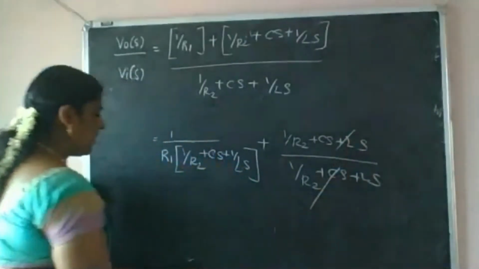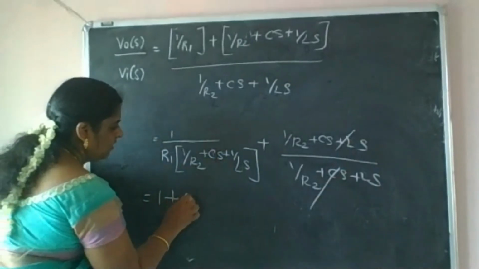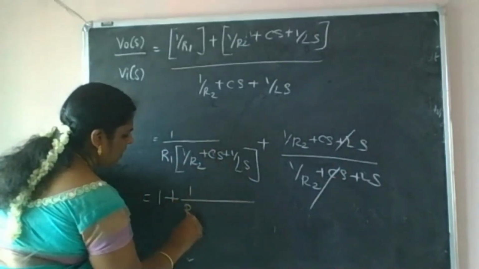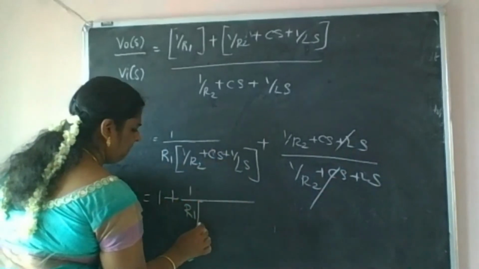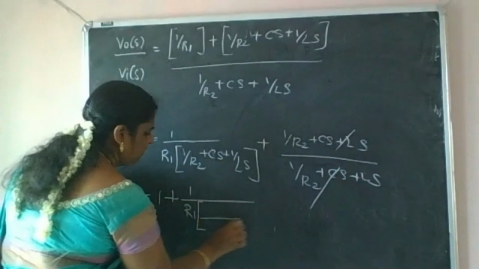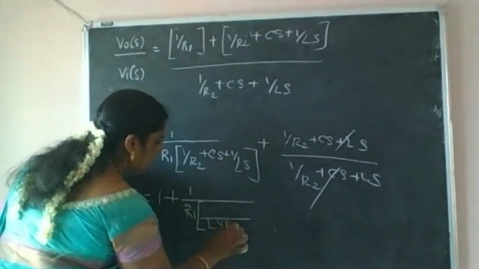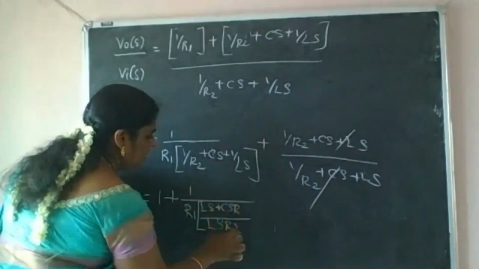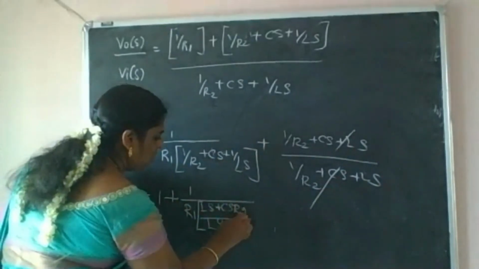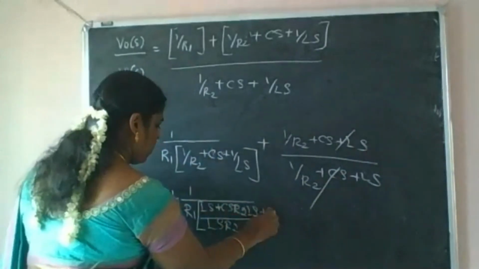These two terms get cancelled, so we get 1 plus 1 by R1 into, taking the LCM, LS R2 divided by (LS plus CS R2 LS plus R2).